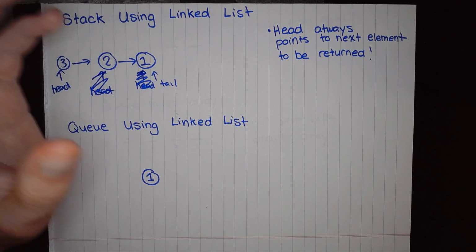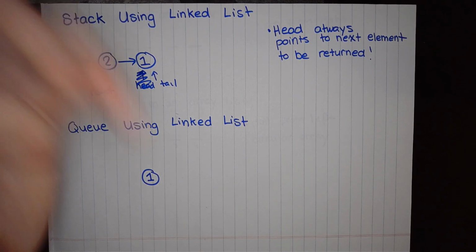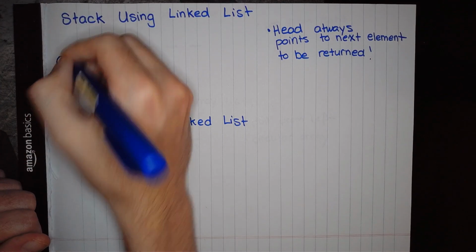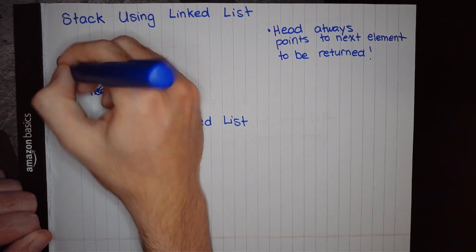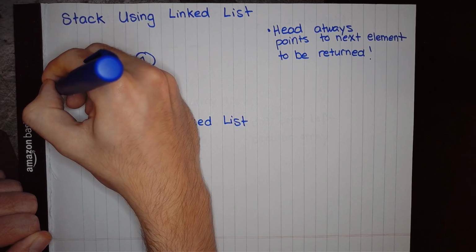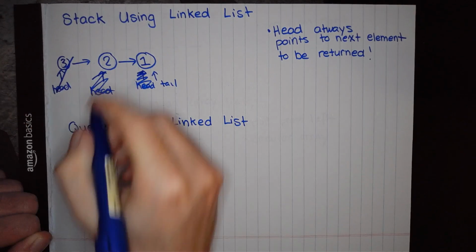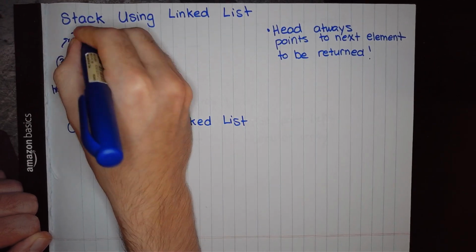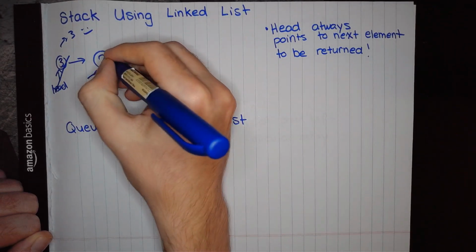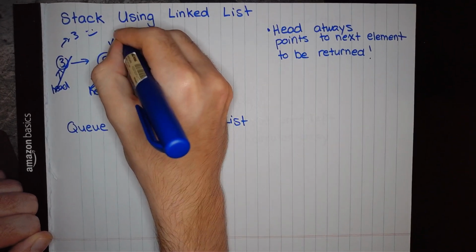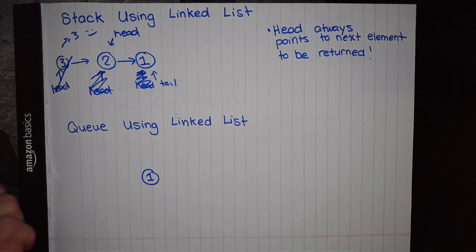Again, I added it from the left. I started attaching to the head. The head is pointing to the next element to be returned, which is the newest element. So when I return, I can just return 3, and I can make the head whatever the next element is. That's how a stack is implemented using a linked list.